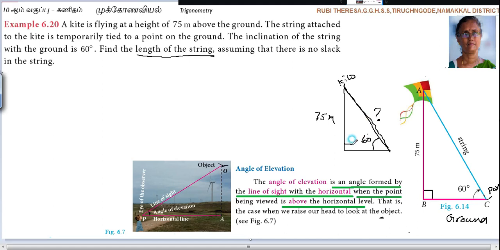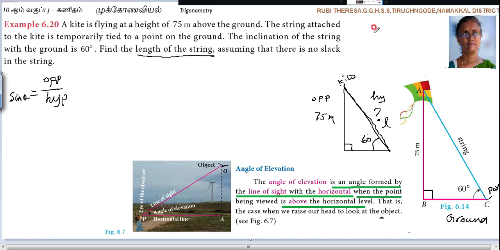Here it is a right-angled triangle. What measurements are given and what are they asking? Here 60 degrees, so this is the opposite side. They are asking the length of the string, L, which is the hypotenuse. Opposite by hypotenuse is sine theta.